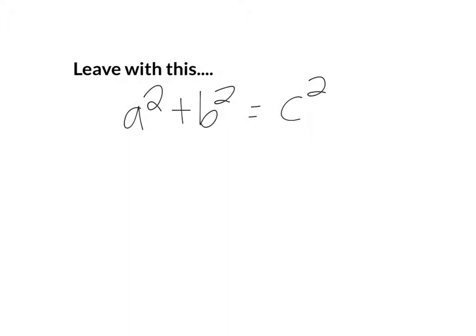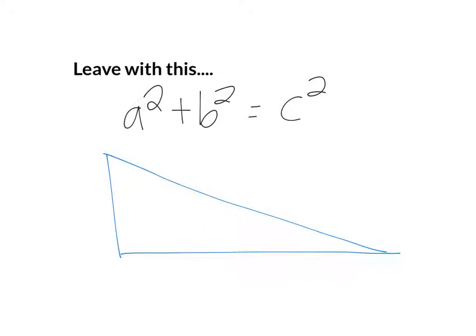We know in a right triangle, that the right triangle is marked with this little square in the corner, and that is a 90-degree angle. And we know that A and B are the legs of the right triangle that make up that right angle, and opposite of the right angle and the longest side of our triangle is labeled C.